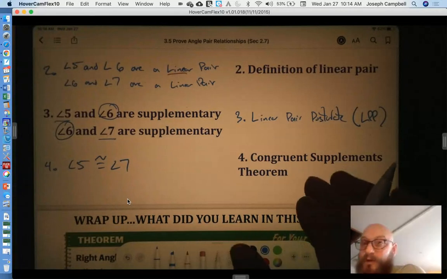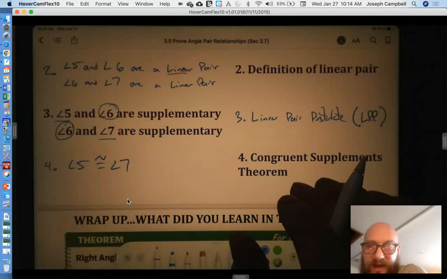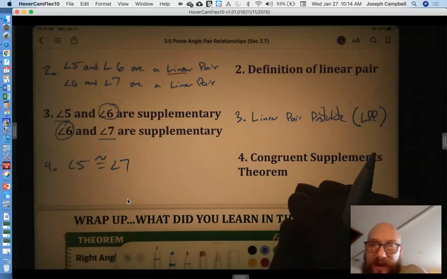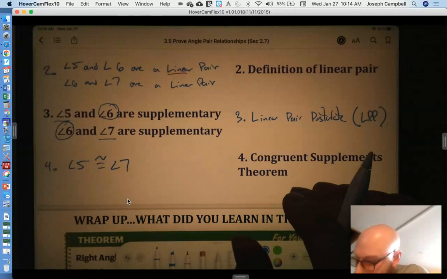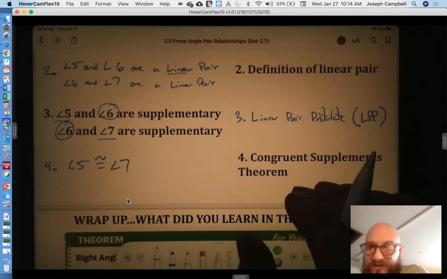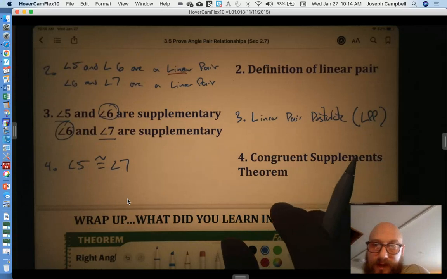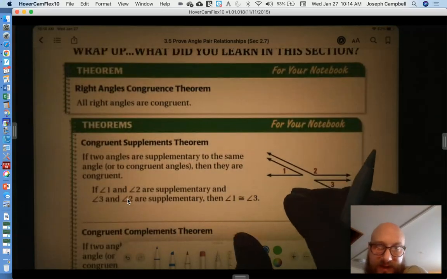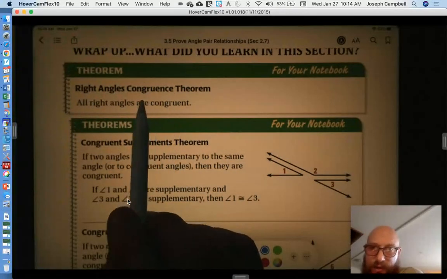We threw a lot at you this section, and if your head's spinning a little bit, that's okay. We will have practice with it, but I want you to start creating that one page of all those reasons on the right-hand side. We're getting a lot of them, so you need to keep them straight in your head. What did we learn in this section? We learned the right angles congruence theorem. It's a nice shortcut.